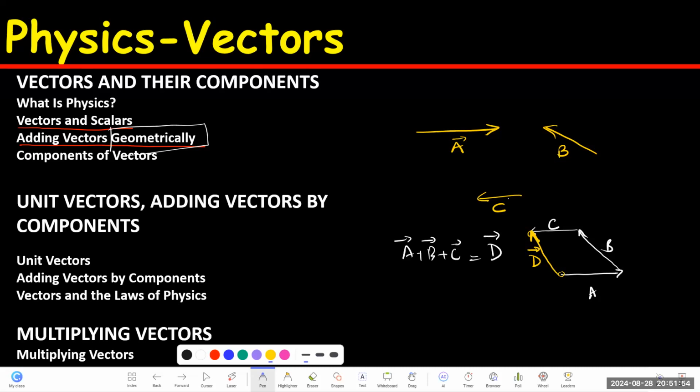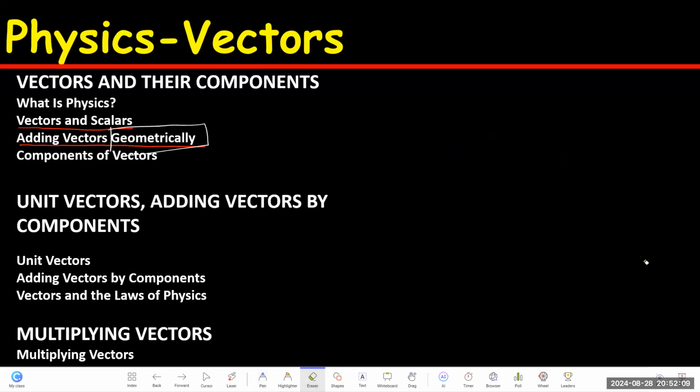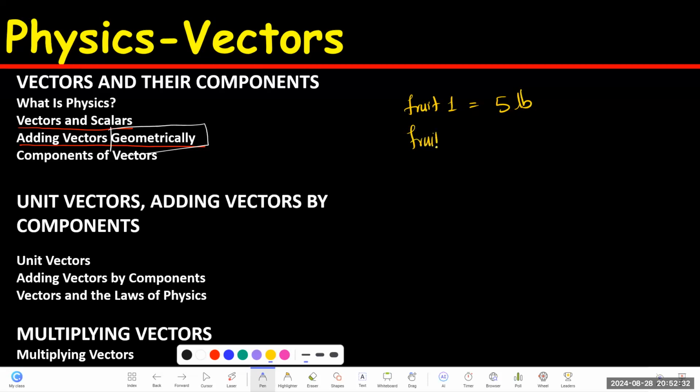And after this graphical method, it's pretty simple if you want to add scalars, right? Adding scalars is much easier. Let's suppose someone asks me to add scalars. Let's suppose you bought route 1 equal to 5 pounds, and you bought route 2 equal to 7 pounds.